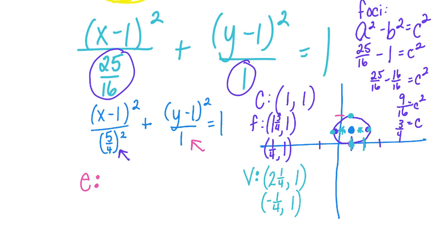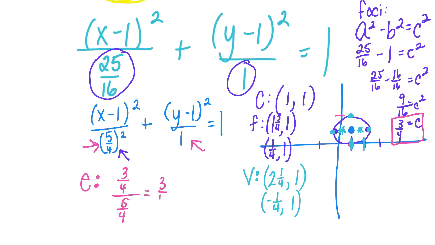The only thing we didn't talk about is that eccentricity. So remember the eccentricity is C over A. Well, I know C is 3 over 4. Well, C over A is 3 over 4 divided by, that was my A, 5 over 4.